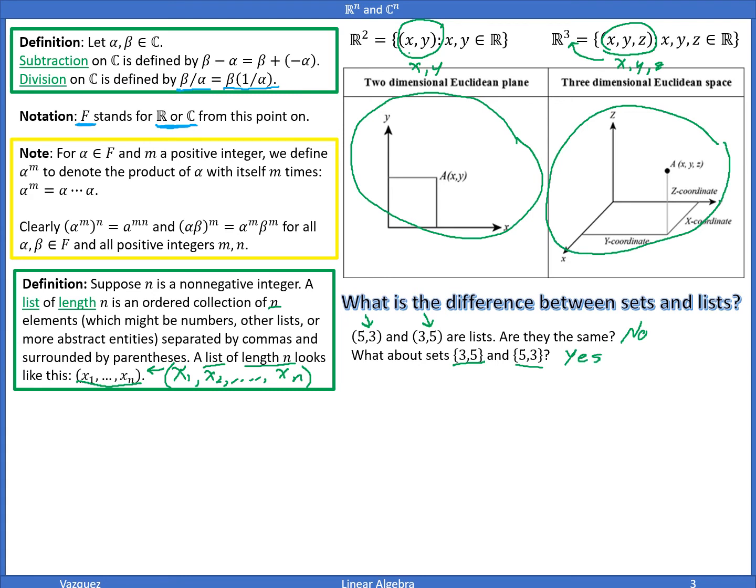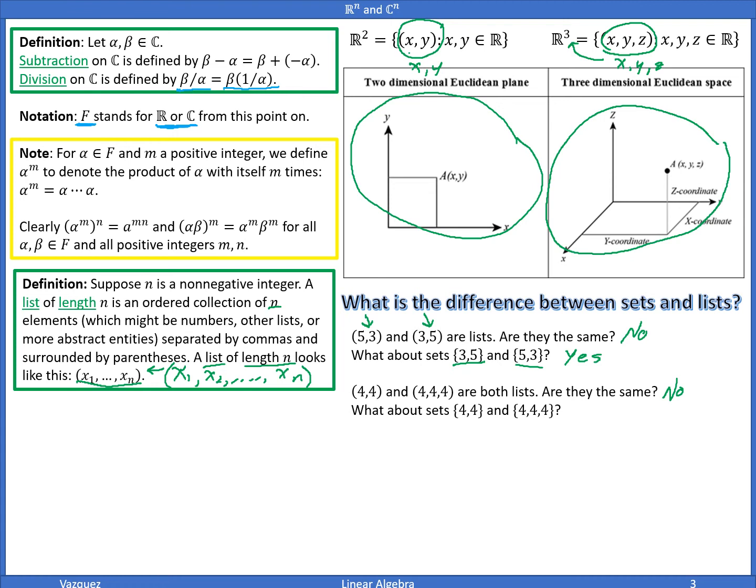That's why when you hear ordered pair for R2, they include the word ordered. Same thing if we were to have the ordered pair 4, 4, and the ordered triple 4, 4, 4. They're both lists, but are they the same? Well, no. One is a list of length 2, and the other is a list of length 3. But what about the sets?